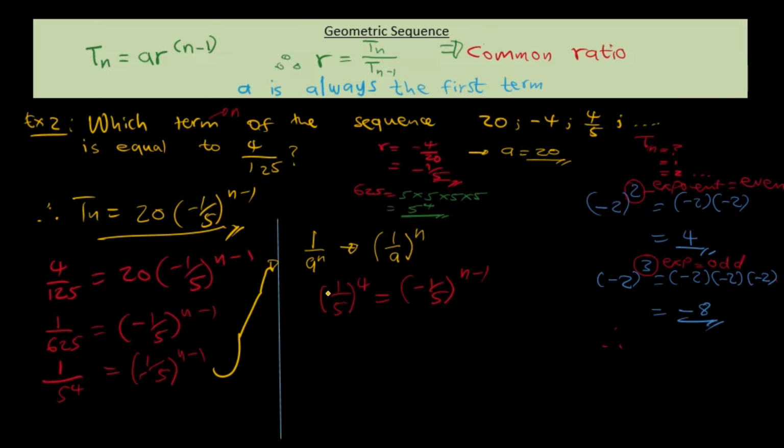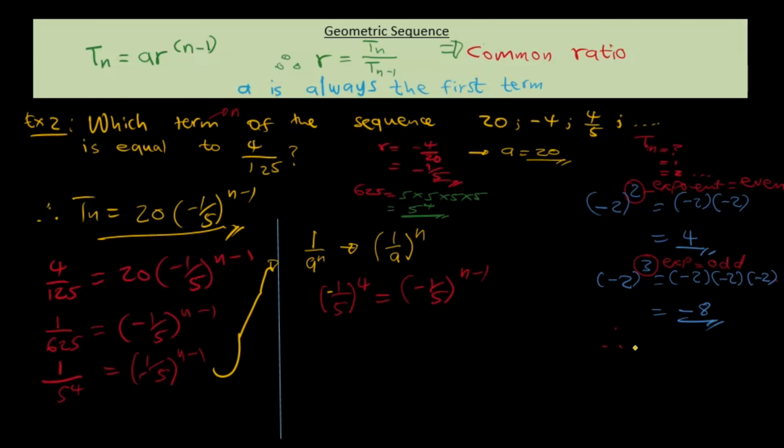In this case, if I introduce a negative, that negative will not change this expression. Why? Because the exponent is an odd number.